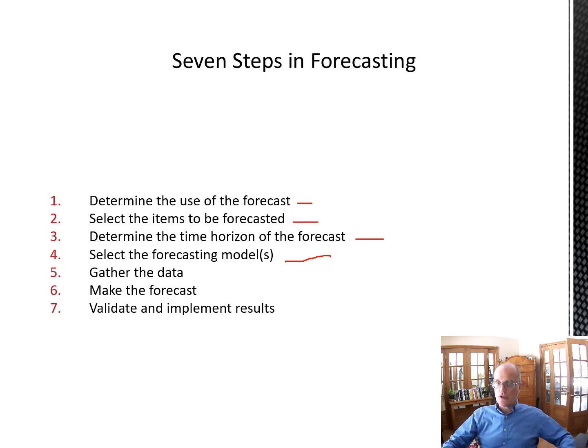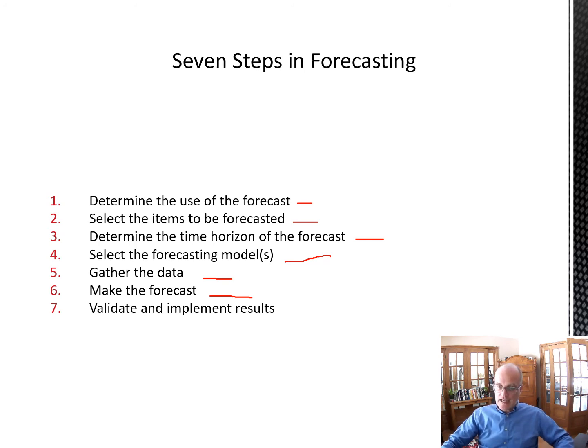And so you will often use several different models, including qualitative ones. You then gather the data, make the forecast, and again, I think that this is an important distinction. You apply the model. You might get something spit out, but you then might adjust it because you say, oh, I anticipate this change that's not reflected in the historical data, or this change that our competitor is exiting the market and our demand might go up.